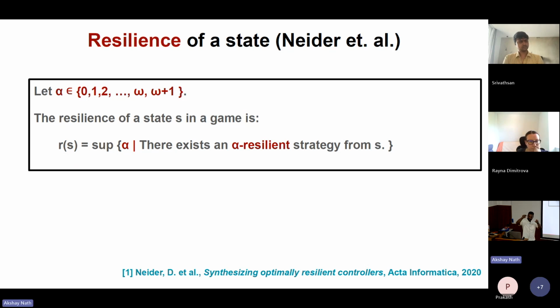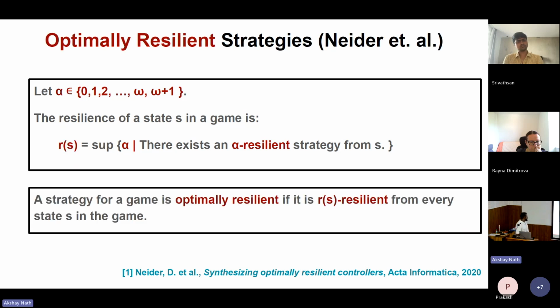Now, if you take a supremum of 1 and omega, you get omega resilience, right? So the resilience of that state will be omega if you have a 1 and say omega resilient strategy. Now, we say that a strategy for a game is optimally resilient if it is R of S resilient from every state S in the game.